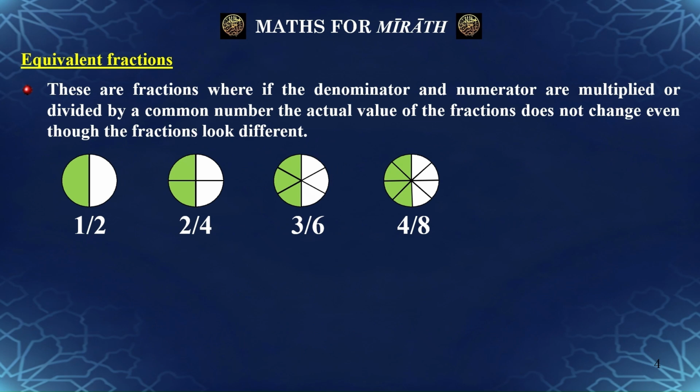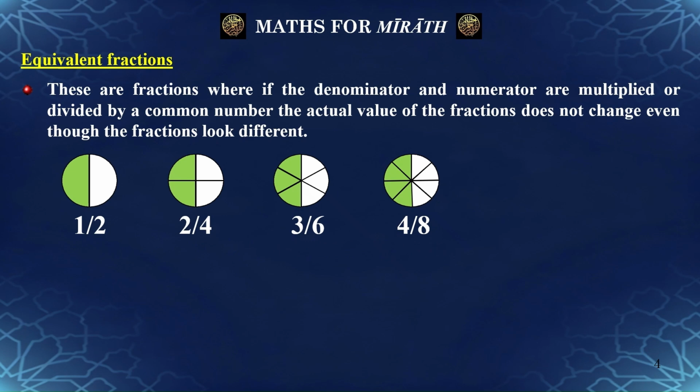Equivalent fractions are fractions where the denominator and numerator have been multiplied or divided by a common number. The actual value of the fractions does not change, even though the fractions look different. In this example, 1/2 is equivalent to 2/4, which is equivalent to 3/6, which is equivalent to 4/8.